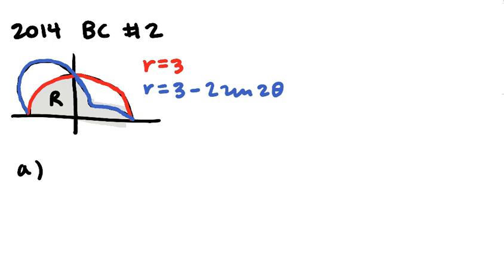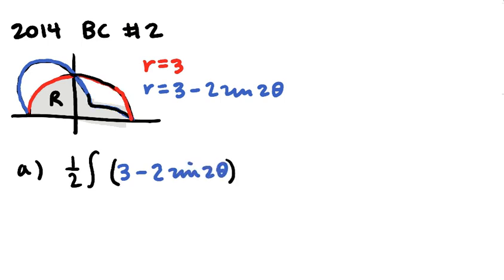Okay, well, that's going to be 1/2 r squared d theta. The first one is the blue one, so 3 minus 2 sine 2 theta, r squared d theta, and we're going to go from 0 to pi over 2.